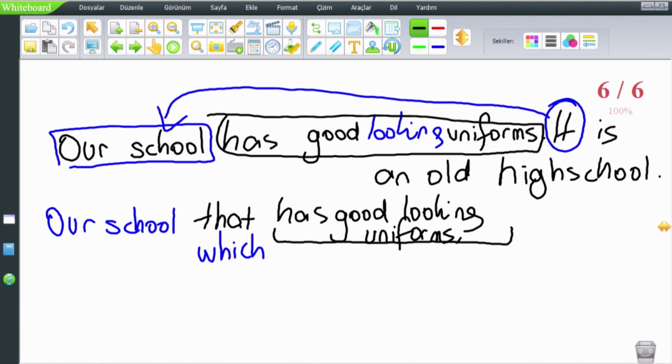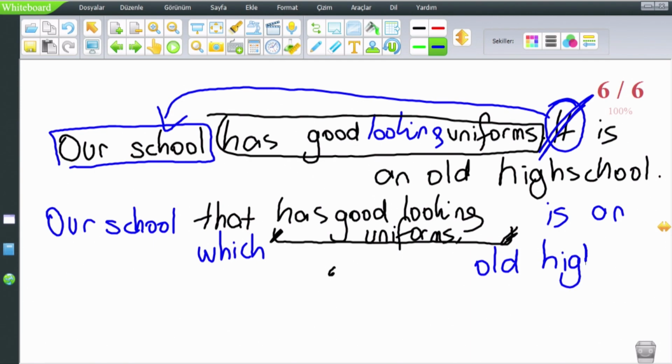But let's say that my extra information was that it is an old high school. I would put it right here instead of this one. And now I continue with the second sentence. I omitted the same subject: is an old high school.